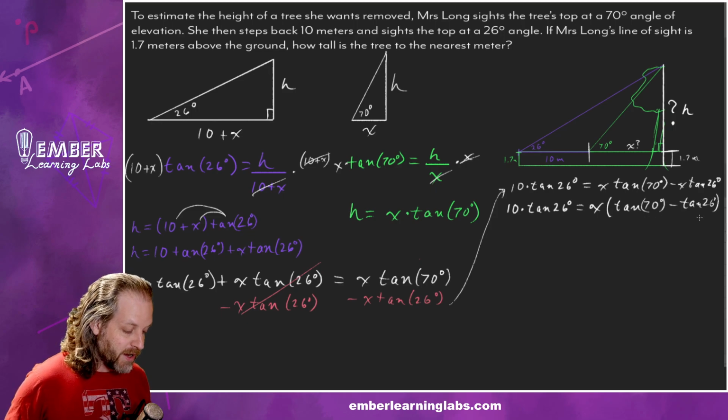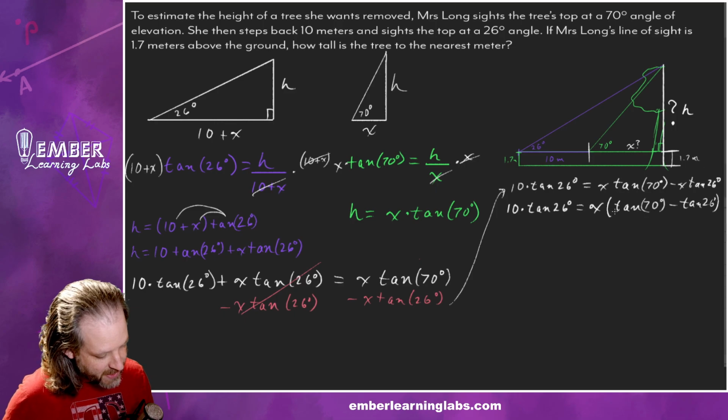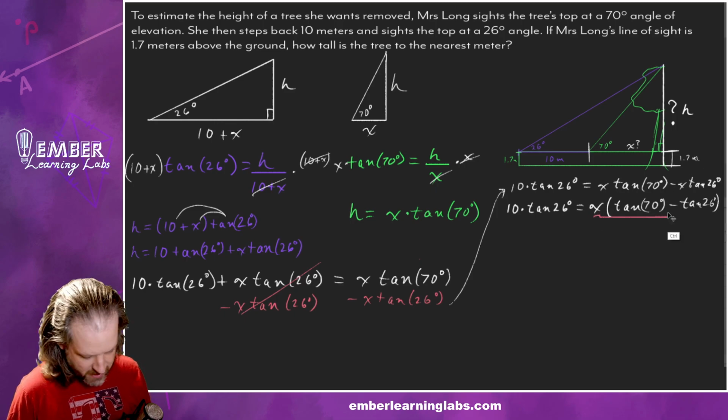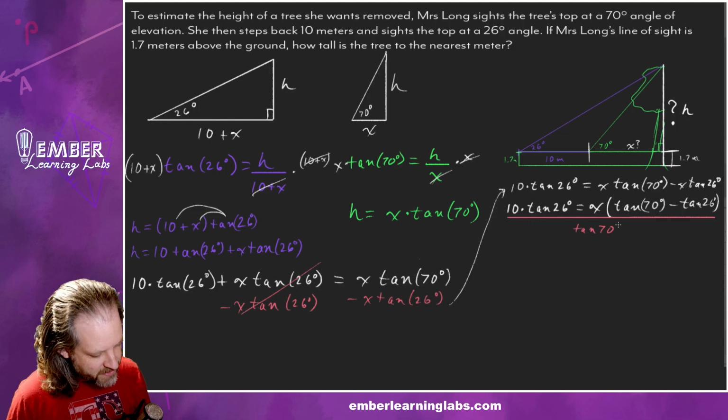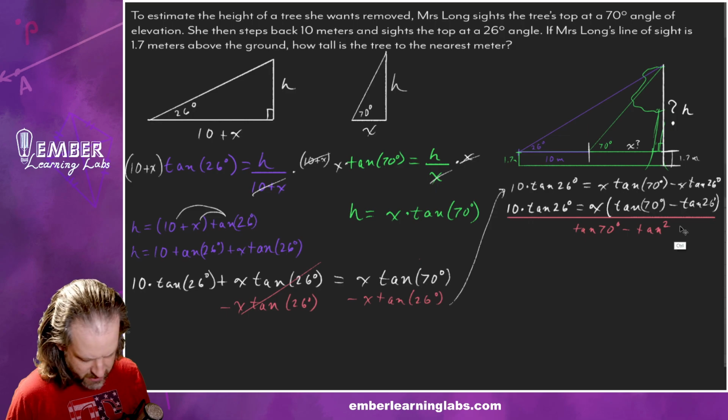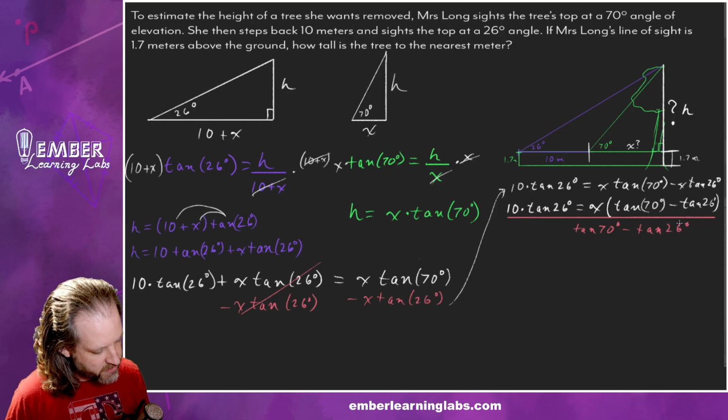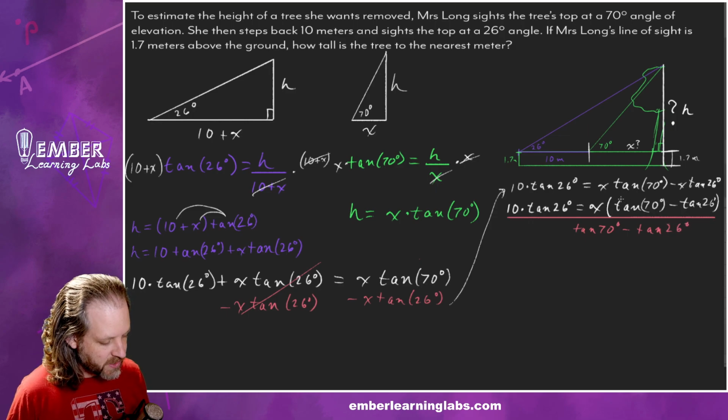Now, how can we get rid of all this mess? Well, we could divide it all on both sides. For the sake of space, I'll just say we're dividing everything by the tangent of 70 degrees minus the tangent of 26 degrees. So it cancels on this side, leaving us with just x.